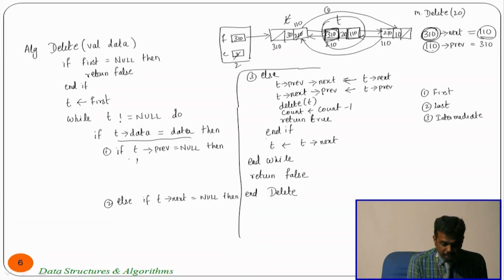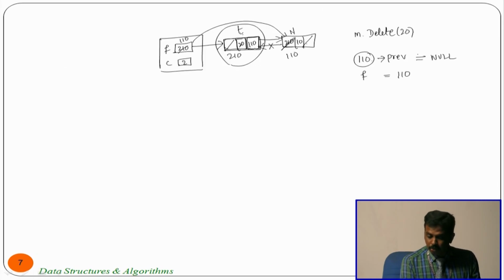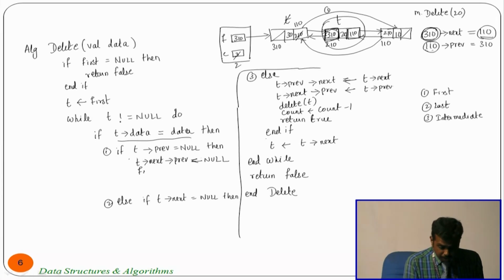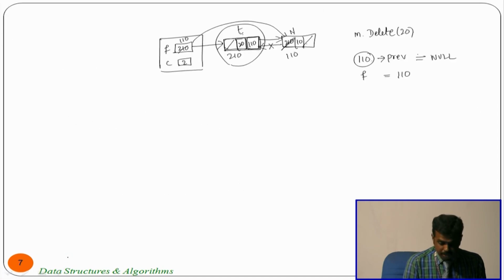So the T of next of previous is equal to null, okay, and then first equal to T of next.